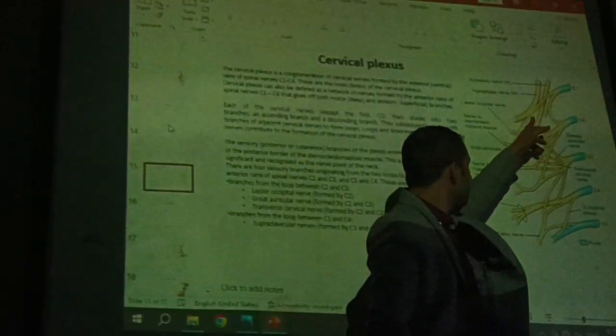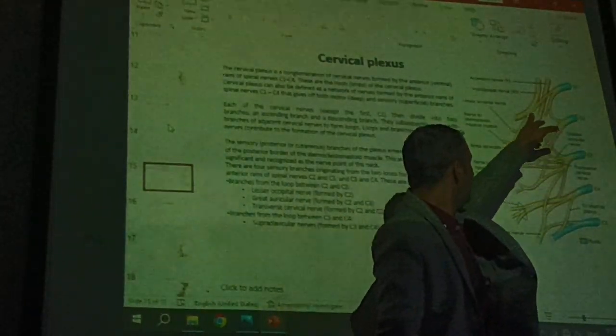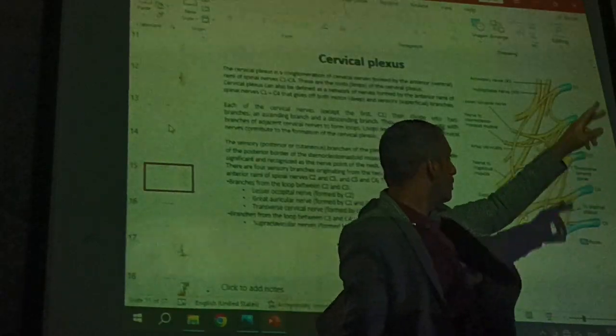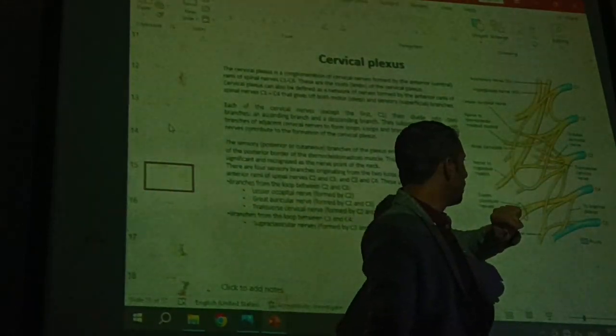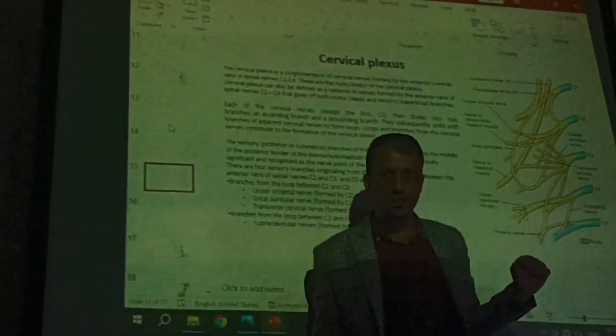Also, they make the ansa cervicalis. Look at the ansa cervicalis, which has a superior root and an inferior root. The superior root travels with the hypoglossal nerve. The inferior root is made by C2 and C3.